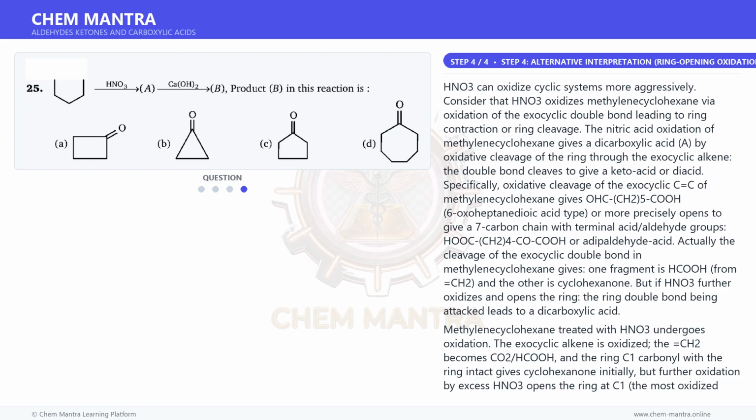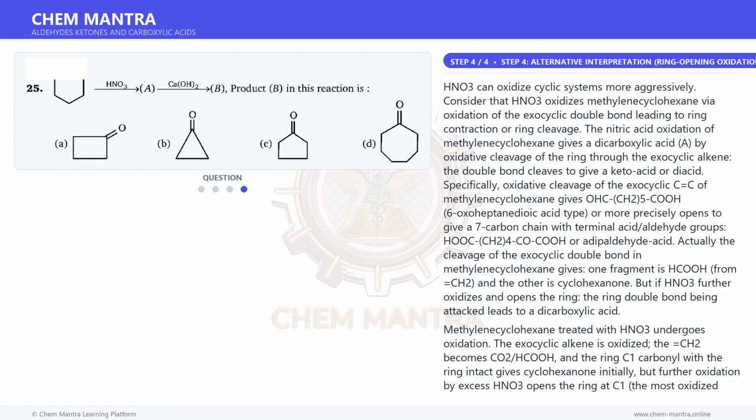Specifically, oxidative cleavage of the exocyclic C=C of methylene-cyclohexane gives OHC-(CH2)5-type 6-oxoheptanedioic acid, or more precisely opens to give a 7-carbon chain with terminal acid or aldehyde groups, (CH2)4-CO, or adipaldehyde acid.